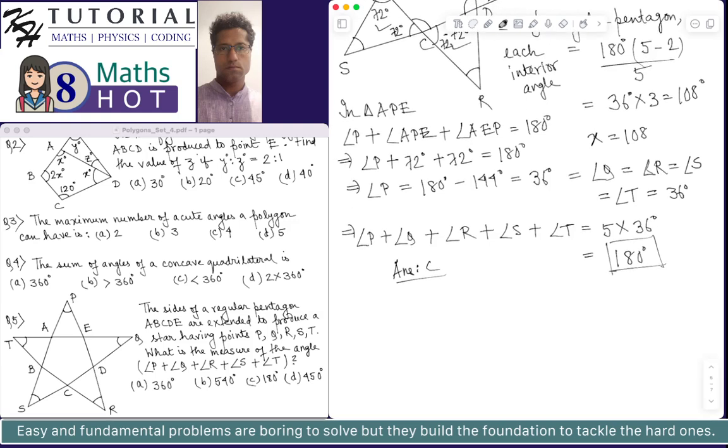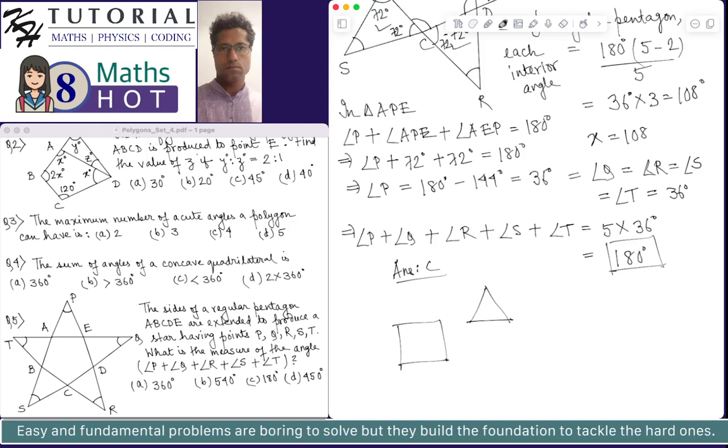Even for a regular polygon of 4 sides, which is a square, you cannot produce a star, and for a regular polygon of 3 sides, you cannot have a star. So the minimum value of n of a regular polygon where you can create a star is 5.